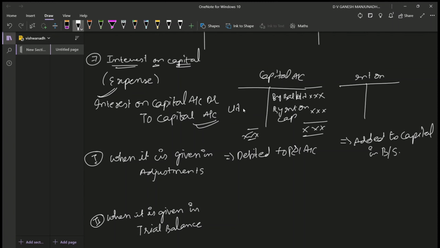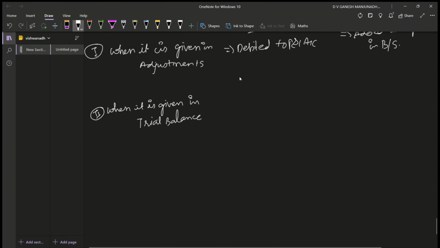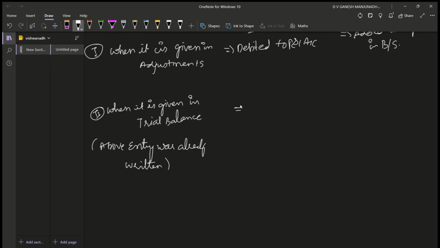That means interest on capital is already recorded, that is already incorporated. That means the above entry was already done. Okay, so simply what we need to do, let us see here the interest on capital account also.